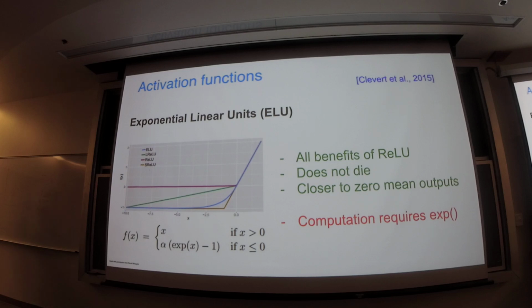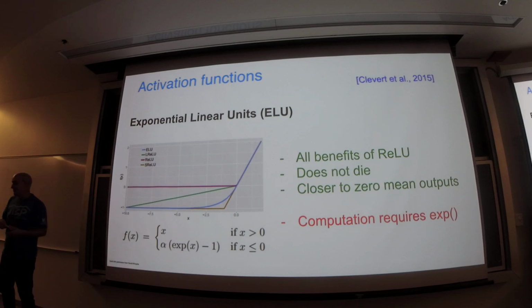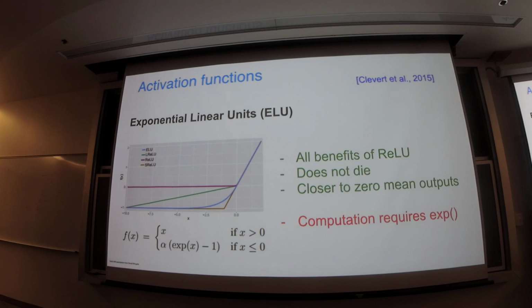Those are the rate-limiting steps, not necessarily the calculation of these activations. So it usually doesn't matter which one you choose. You get basically the same time to train. But it is computationally more expensive. And look at that, ELU didn't appear until 2015. Oh, this is a new field.